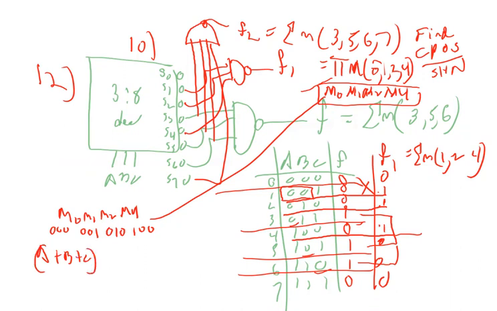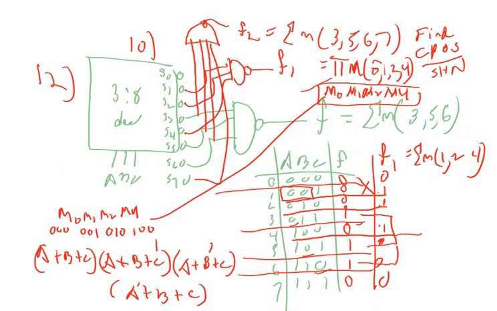And now, where's the inversion going to be in the next term? C. That's exactly right. So now we've got it in canonical product of sums longhand notation.